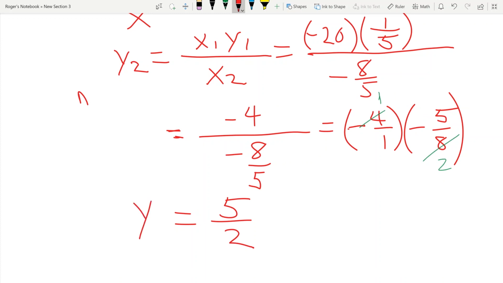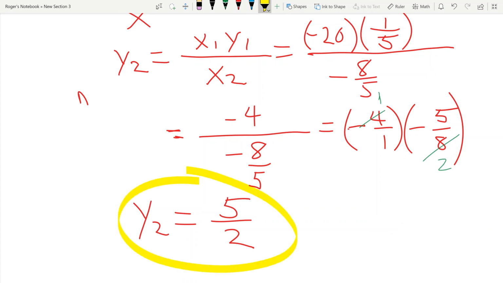Okay, that's y2. So there's your answer to your last problem: y2 equals 5 halves. I hope that this was sufficient to give you a good understanding of inverse variation.